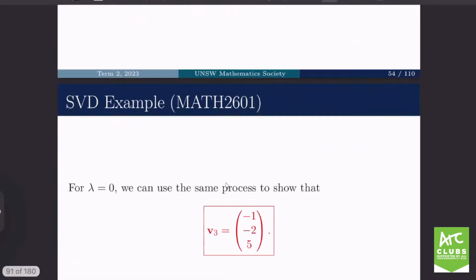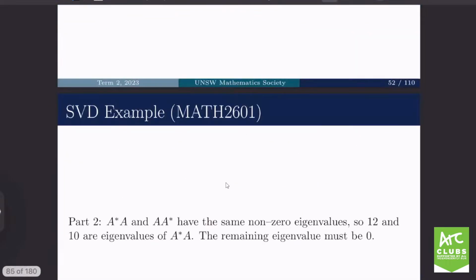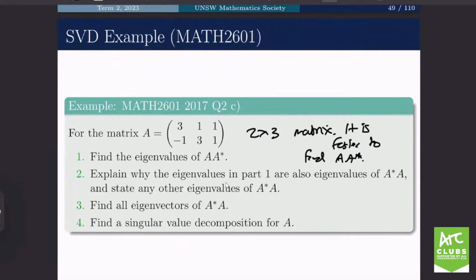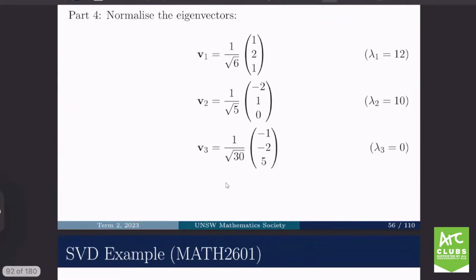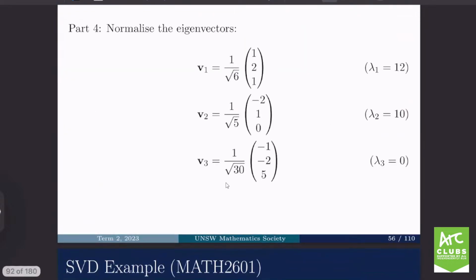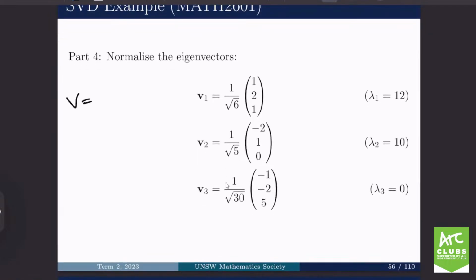Now part 4 is to find the singular value decomposition. Remember that for our singular value decomposition, our matrix V will have columns V1, V2, V3, and that will be, in this case, given by these vectors here. So we've already found V, that's all good.